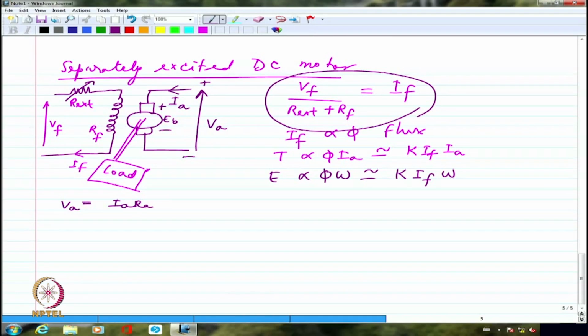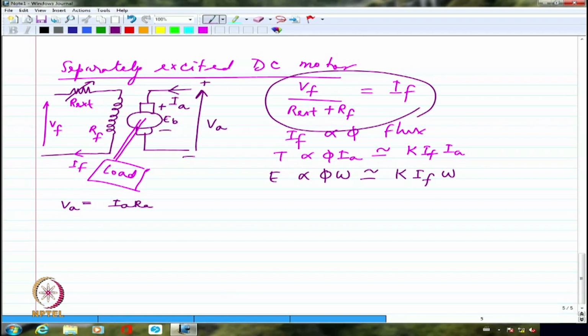So I should have the back EMF actually having the positive here and negative here, so that they are not in series addition, they are in series opposition. So EB and VA are going to be in series opposition.